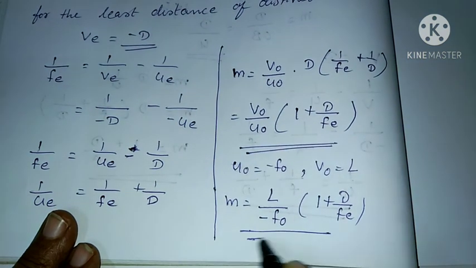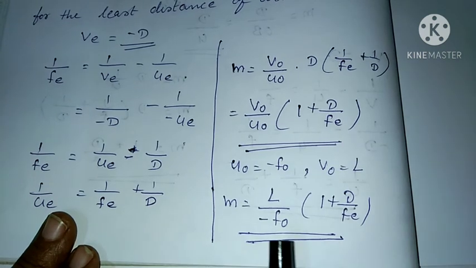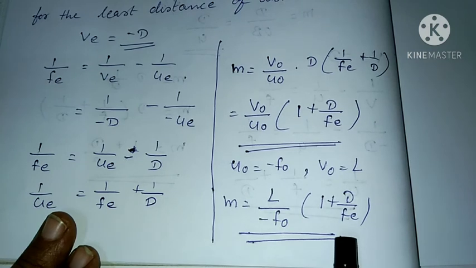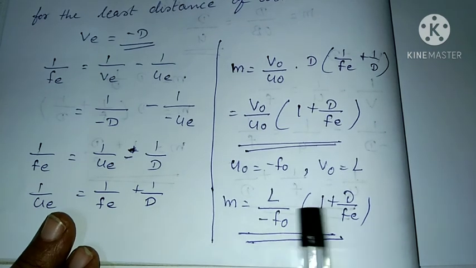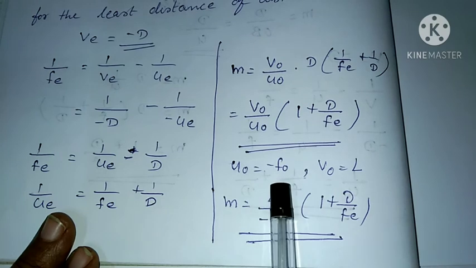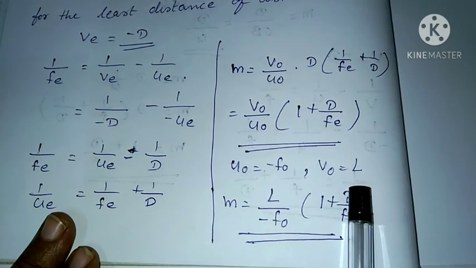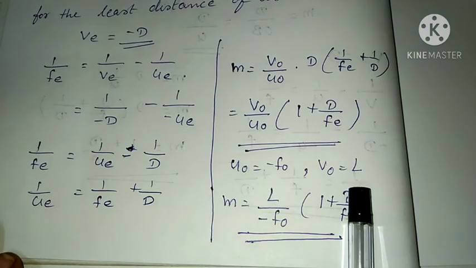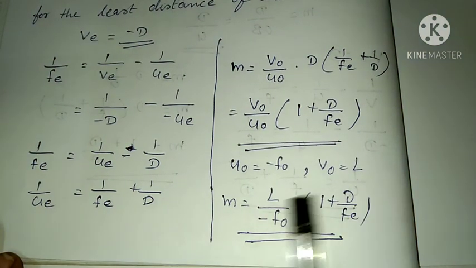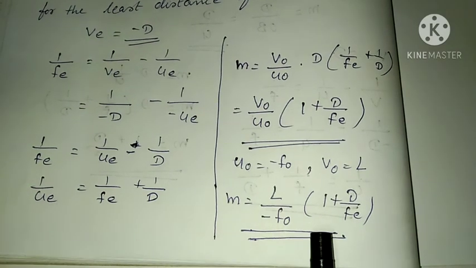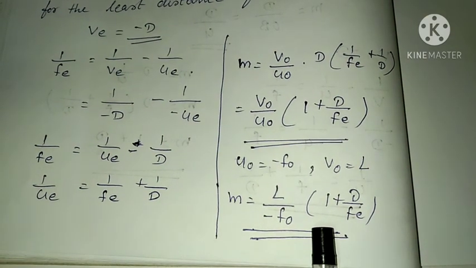So this is the magnification when the object is very close to the focus and the image is also very near to the eyepiece. In that case, U0 equal to minus F0 and V0 is equal to the length of the microscope, or the distance between the two lenses. So this is the magnification when the final image is at the least distance of distinct vision. Clear?